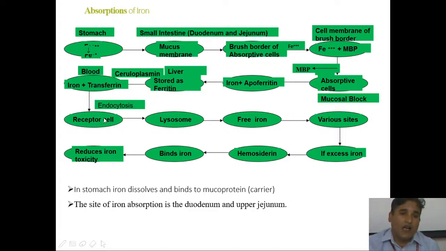This iron is now available for normal synthesis of hemoglobin as well as RBC.